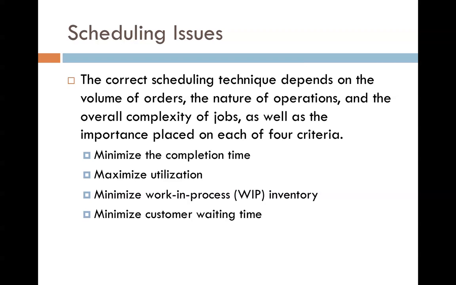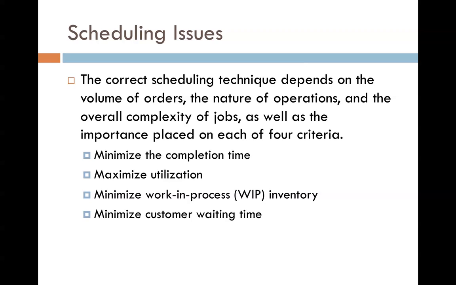Second is to maximize utilization. This is evaluated by determining the percent of the time the facility is utilized. Third, minimize work in process inventory, also known as WIP. This is evaluated by determining the average number of jobs in the system.